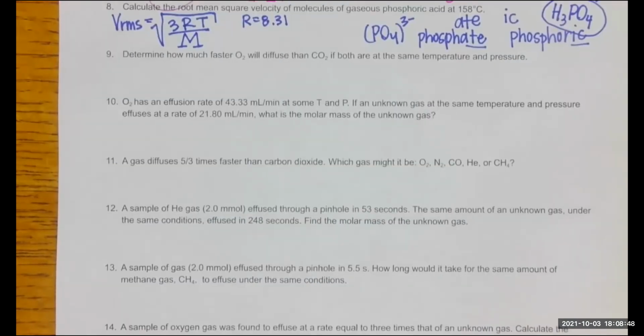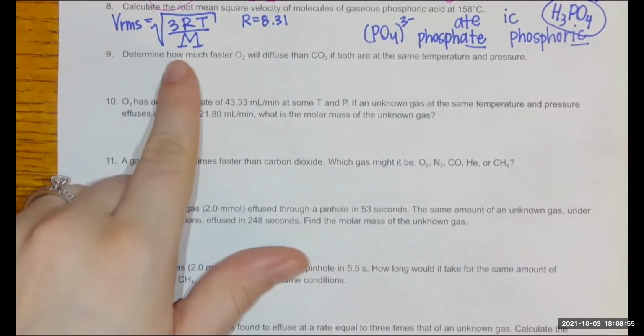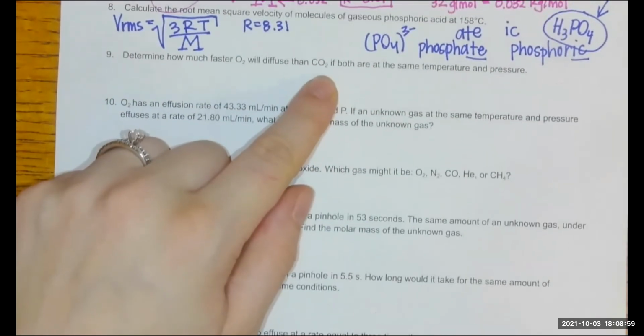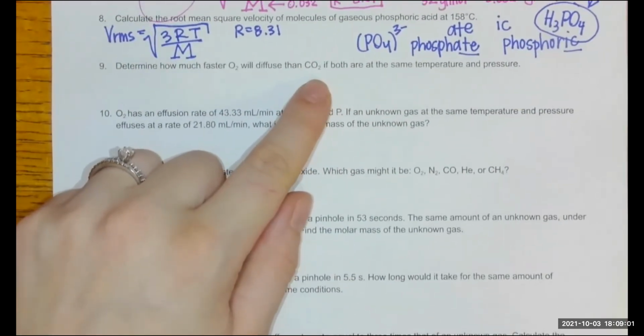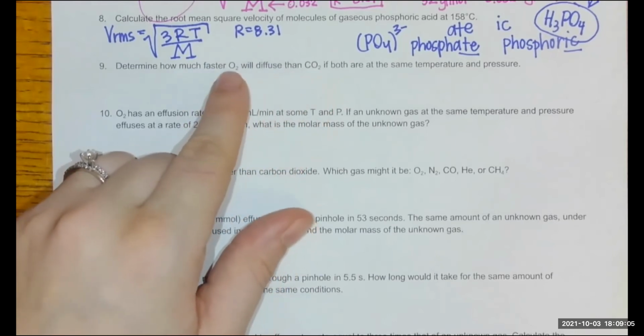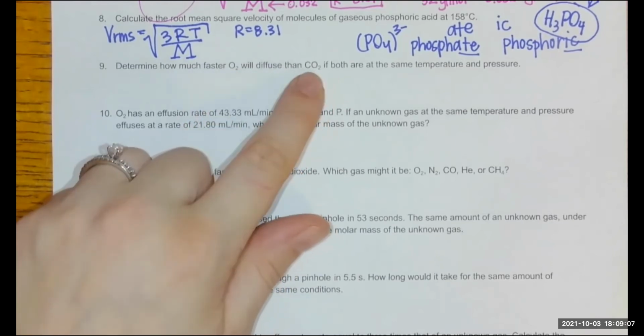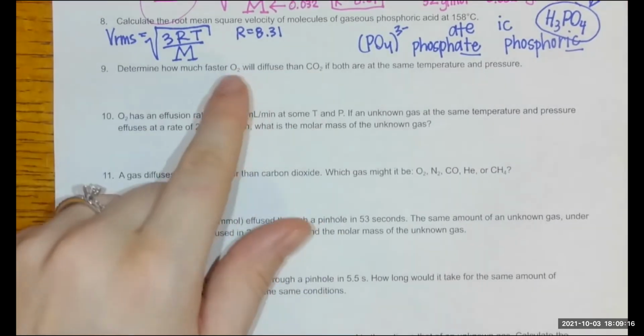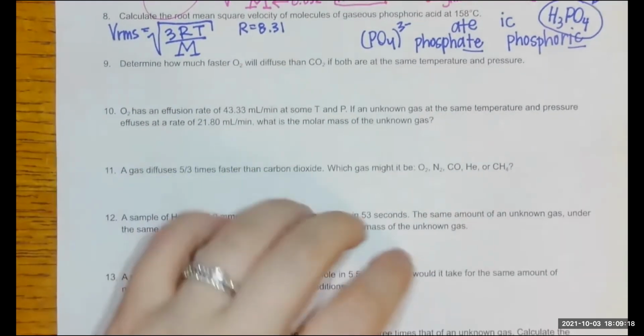Looking ahead at the next problems, like 9, it asks you questions like, how much faster is O2 diffusing than CO2? If they're both at the same conditions, same temperature, same pressure, how much faster would O2 diffuse than CO2, since O2 weighs less? Yeah, weighs less than CO2. So it's going to be able to move a little bit faster.